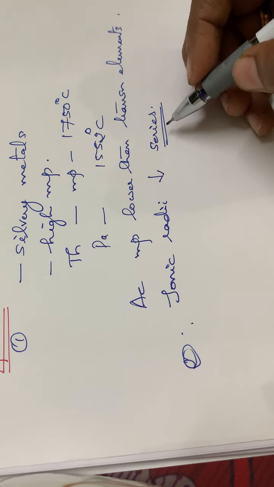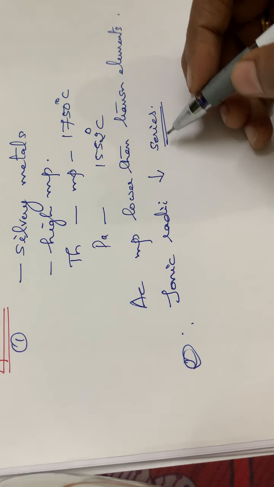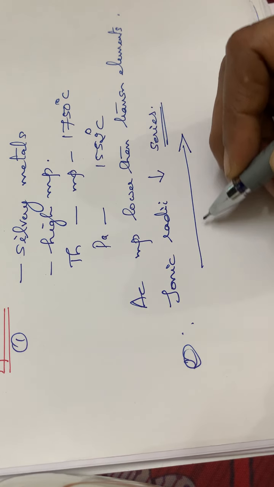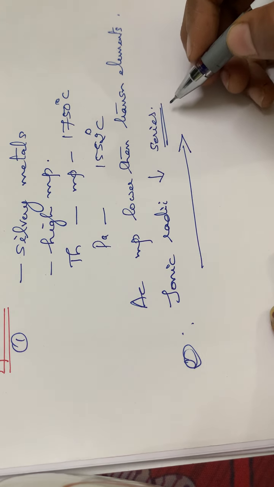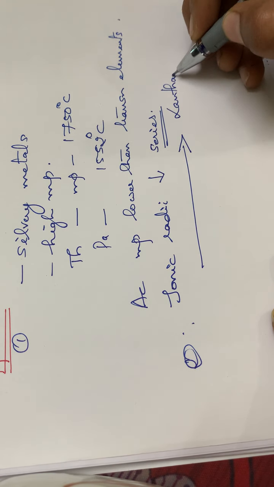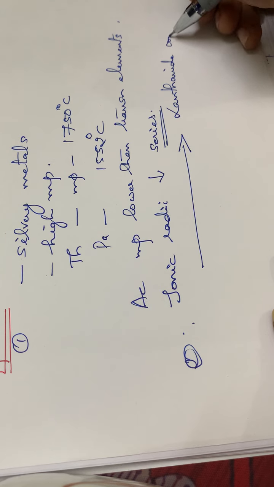And also see here, just like the lanthanides, in the case of lanthanides also there is a regular decrease in ionic radii along the series, and this regular decrease we call lanthanide contraction.